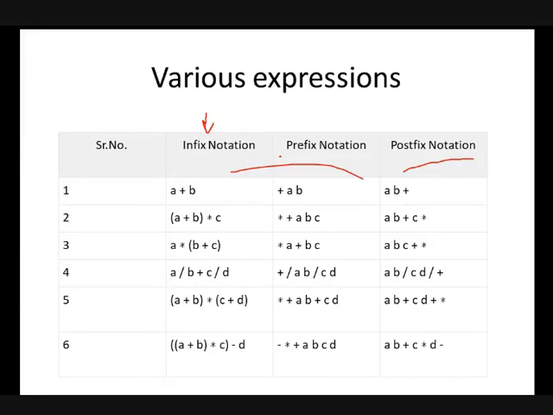Once you are converting any expression from one form to another, the precedence and associativity of the operators should be clear to you. So class, you all need to remind yourselves of the precedence and associativity chapter in C language.